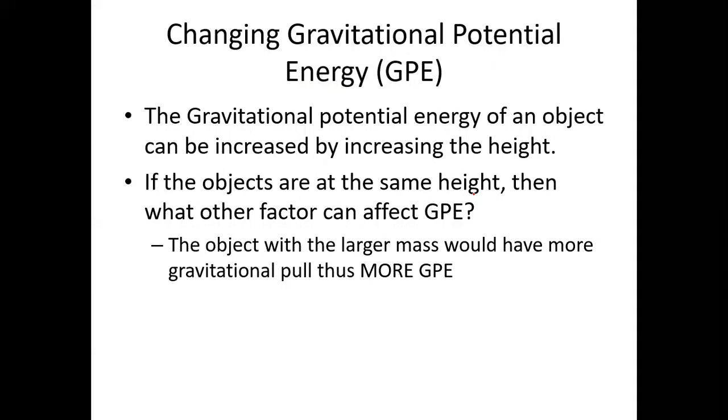So there are two factors that affect GPE: mass and height. Mass is associated with gravitational pull. The more mass the object has, the more gravitational pull it will have, and the more gravitational potential energy it will store.